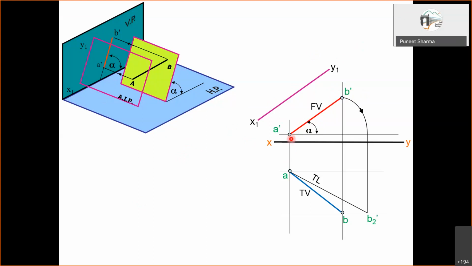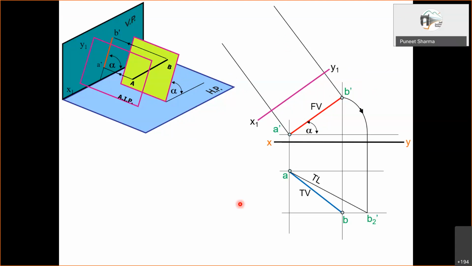Then we draw the projectors from here and here. The projector from here, perpendicular to the new XY, will contain small a1, and the projector from here in this direction will contain small b1. So first of all, these two projectors are perpendicular to x1, y1.